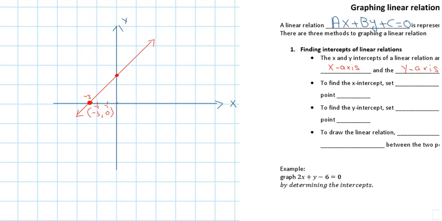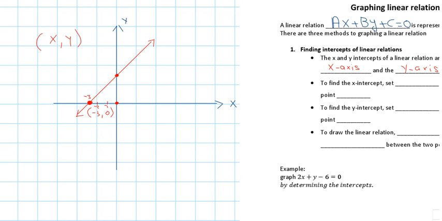Do you guys know how to write a point? If not, I need to review that with you. A point on the Cartesian plane is written in brackets. You write your x value first and your y value second, alphabetical order, x, y. The x value is on the horizontal line, and the y value is on the vertical line.